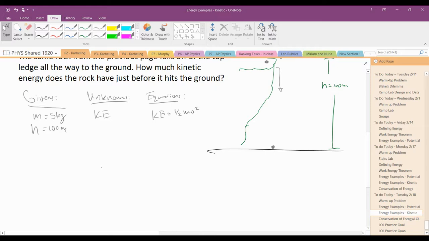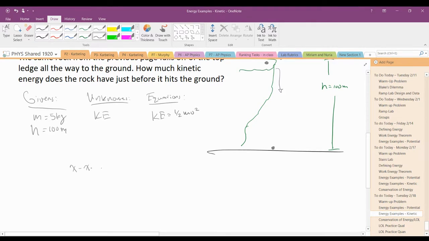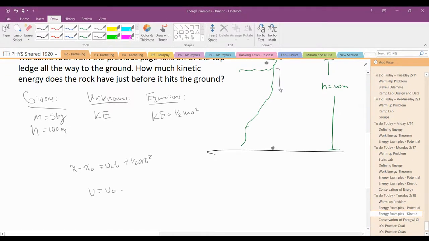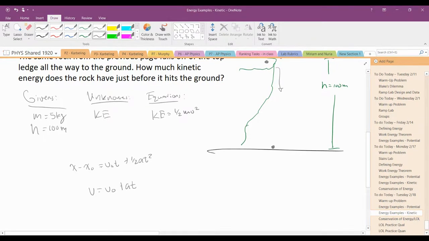Well, if we go way, way back to our kinematics, we have the two main equations. x minus x naught equals v naught t plus 1/2 a t squared, and v equals v naught plus a t.